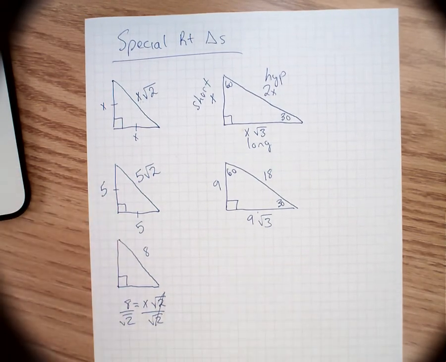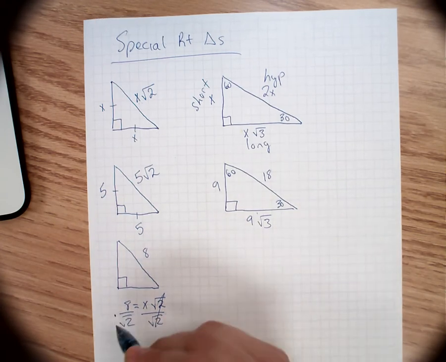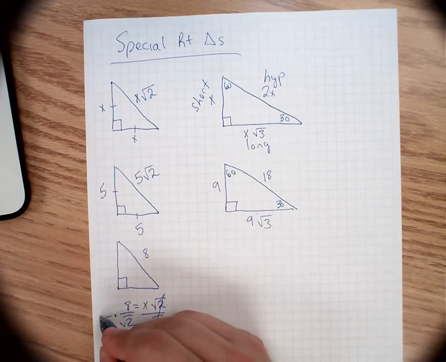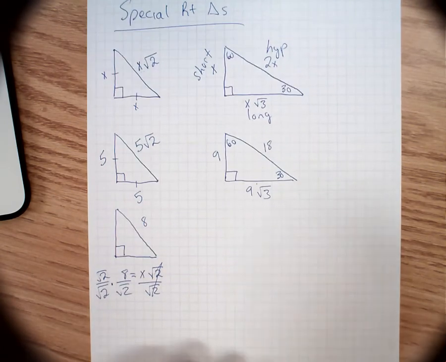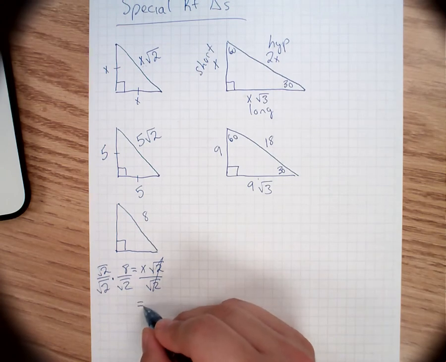Now, normally that would give you an approximation. This will give you a decimal. But you have to remember that radicals don't play nicely with that. So you multiply by the radical over itself because you're just multiplying by 1. When you multiply by fractions, you multiply straight across.